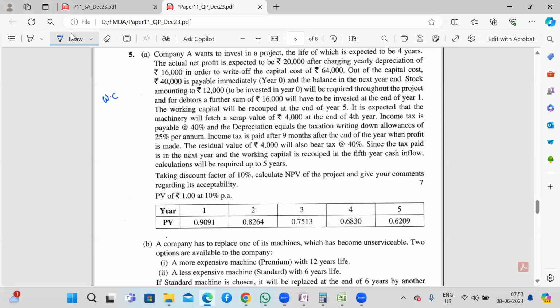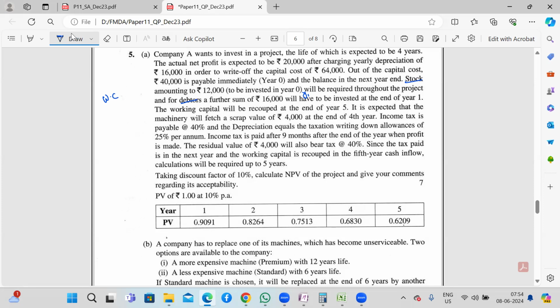For working capital requirements, we have debtors as well as stock. This should be invested at year 0, that is beginning of the year, and this should be invested at Y1. So working capital will be recouped at the end of the year 5. So this 16,000 and 12,000 will be recovered at the end of the 5th year.